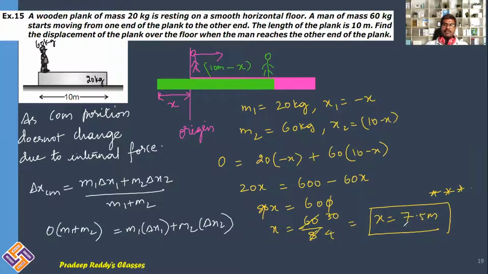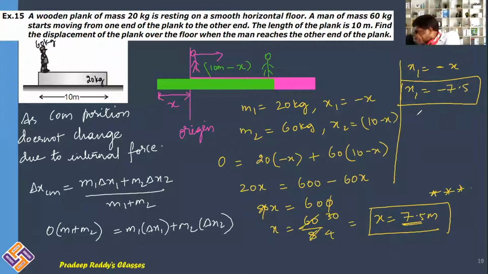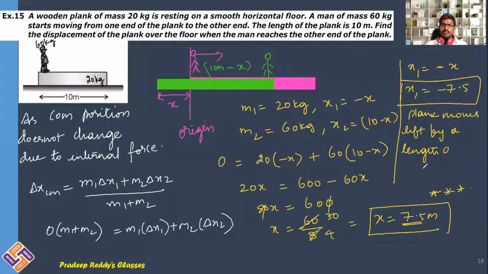As we know, x is equal to 7.5, and we considered x1 is equal to minus x, so x1 is equal to minus 7.5. The plank moves left by a length of 7.5 meter. This is the answer for the question.